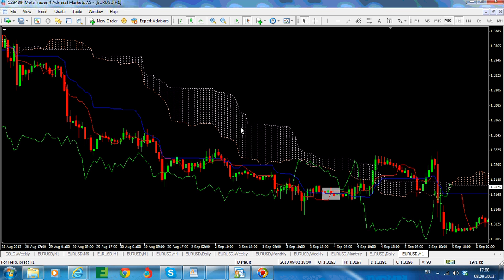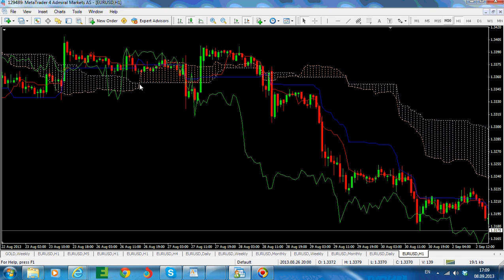Last but not least, one should take a look at the Kinko line, as whenever it comes and meets price, then there is a possible time for the present price action to find support or resistance, or to continue trading. Take a look at how Kinko is acting after the bearish market.